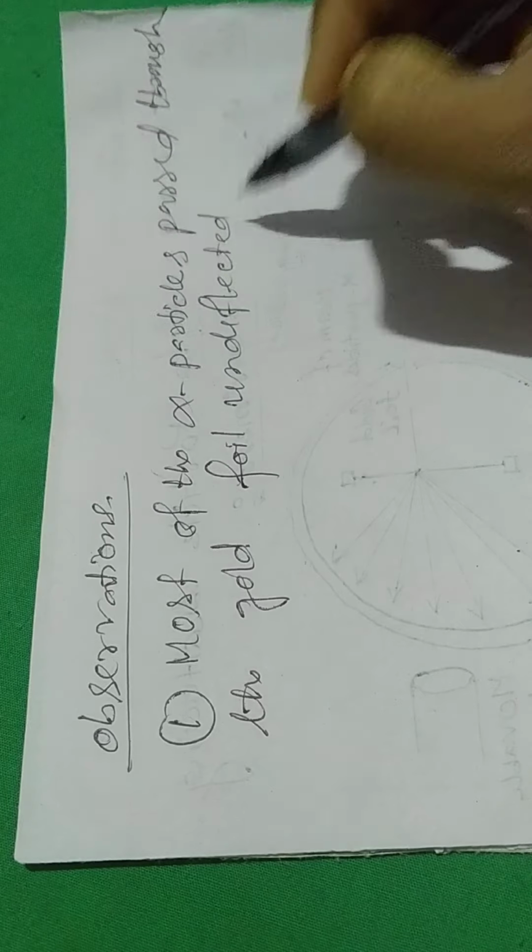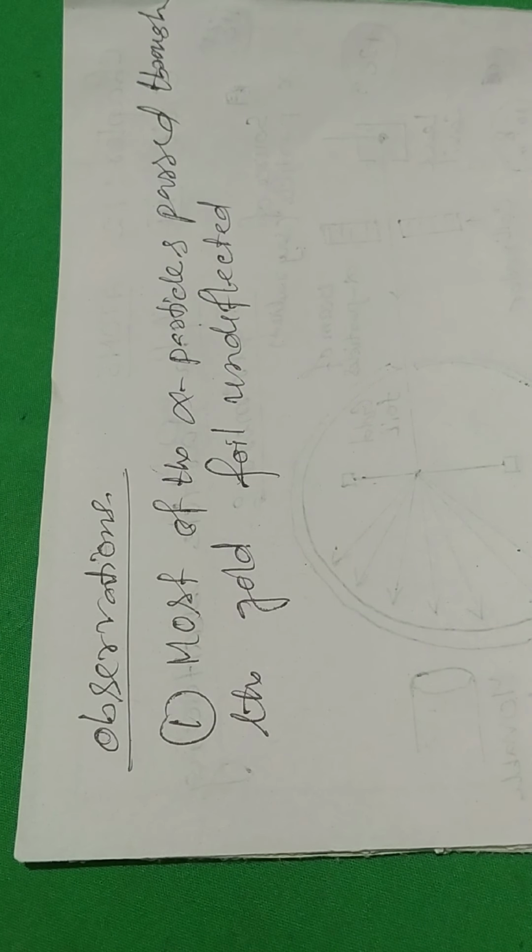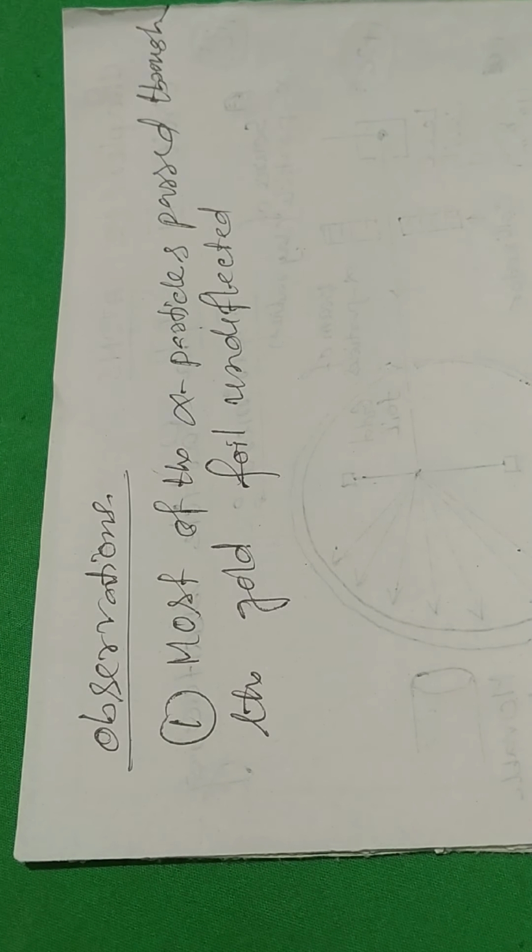It means the alpha particle incident on the gold foil passes directly without deflection. It follows a straight line path.